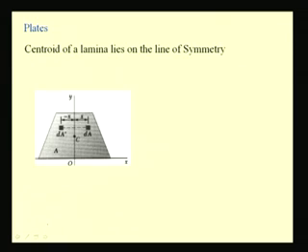This can be found from this example, where we have taken this plate or lamina which has a symmetry with respect to this axis, say OY.